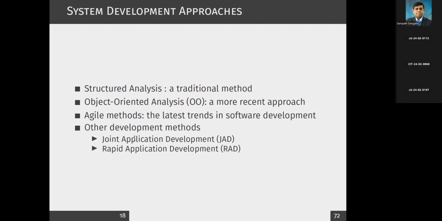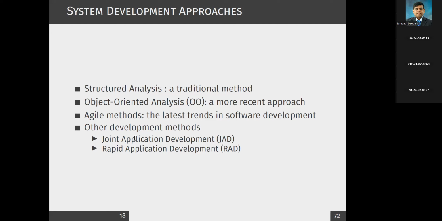Third is something we now see as state of the art. We call it agile methods. Agile means we are developing the system iteratively. Nowadays, if you look at a game, you will notice that the game is released and then it continuously updates.